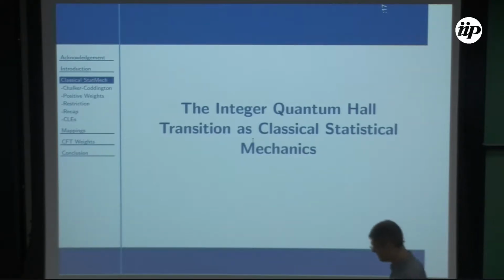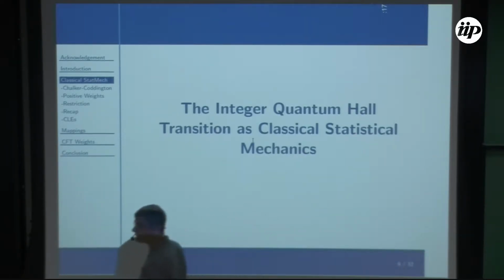It's not described by classical clusters. So this will be the subject of the first part of the talk, where I will focus on why we could at all think of the integer quantum Hall transition in terms of classical, fractal clusters.